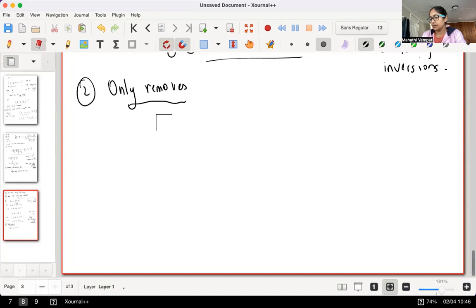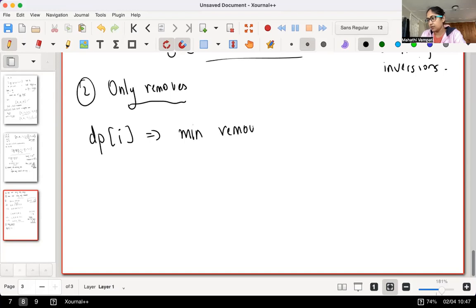So what you can do is let dp of I be equal to the min removes to sort the string from I onwards, right?